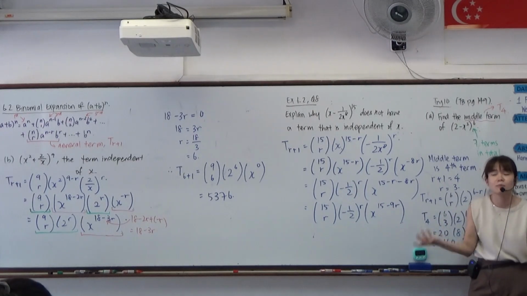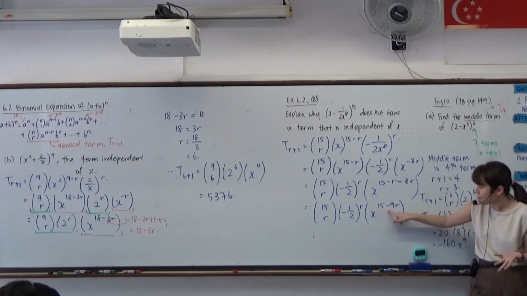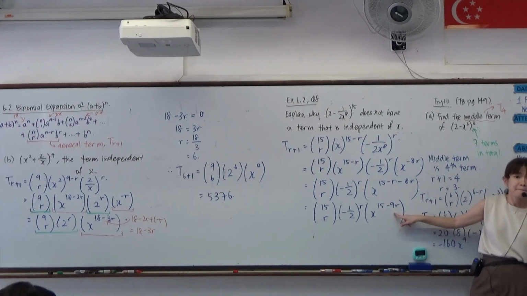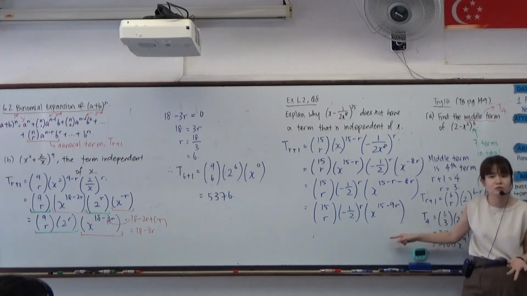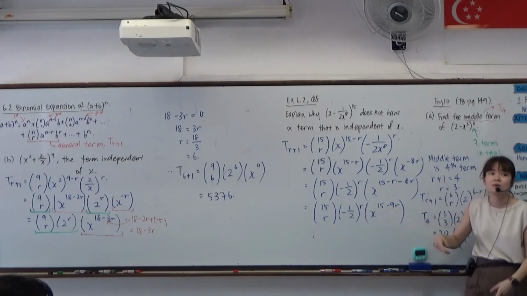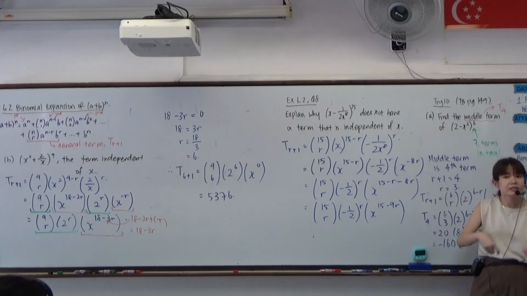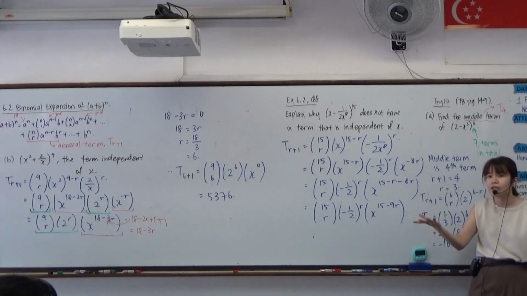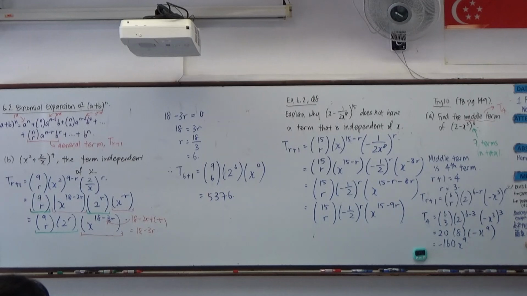I cannot purposely not put it there. So the power itself must be 0. The power cannot be 1 as well, because power of 1 means x to the power 1, and x is still remaining there. The only way to make it disappear is that the power is 0. Away from your parents doesn't give you any power anymore, so power is 0. Good analogy, right? So that's how you can remember.